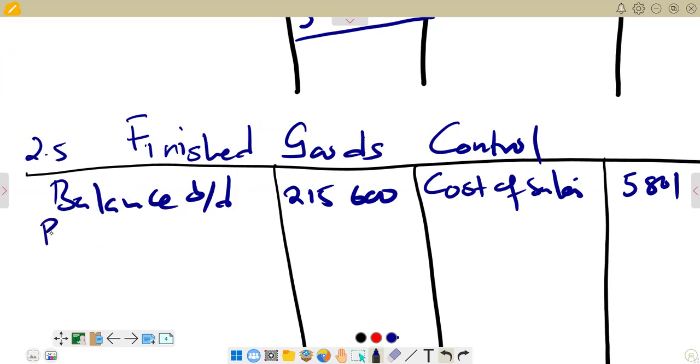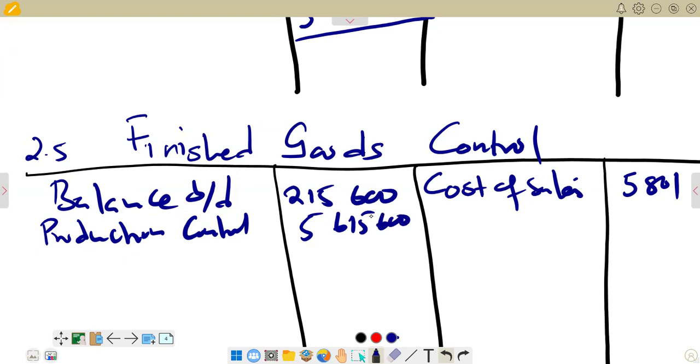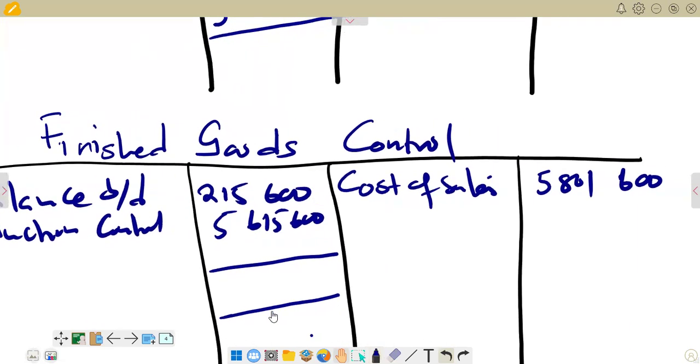So we are saying production control 5,615,600. Having entered this, it now means we can close our finished goods account by finding the balance carried down. So we can put our double lines. We put our double lines in the finished goods account.